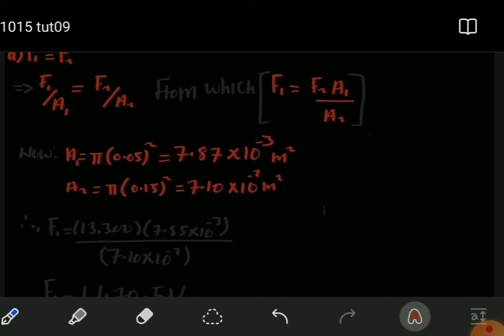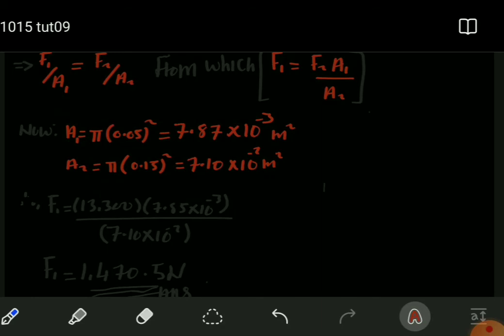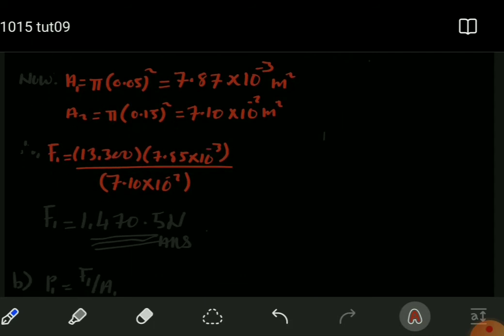If we substitute these values, we obtain F1 as 1470.5 newtons. As you can see, there is nothing very difficult about this question. We simply apply Pascal's principle.